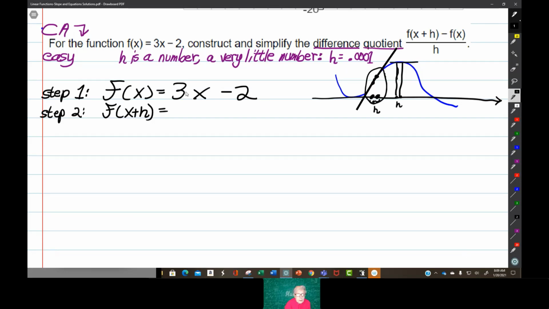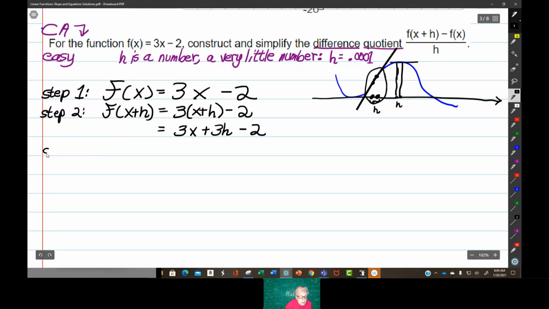Whatever goes in here goes in for the x, so this is 3 times x plus h minus 2. I distribute, so this will be 3x plus 3h minus 2. Great.